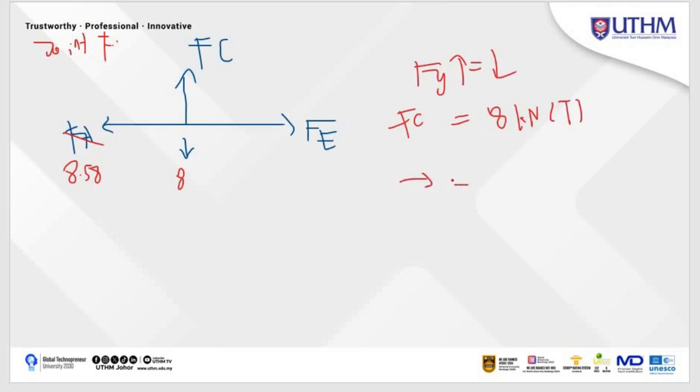While for the Fx direction, we will have FE equals left and to the right. So we have 8.58. So the FE member force of the truss will be 8.58 kilonewton in tension.